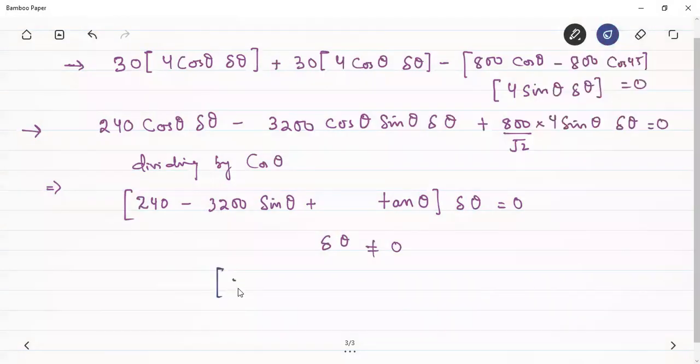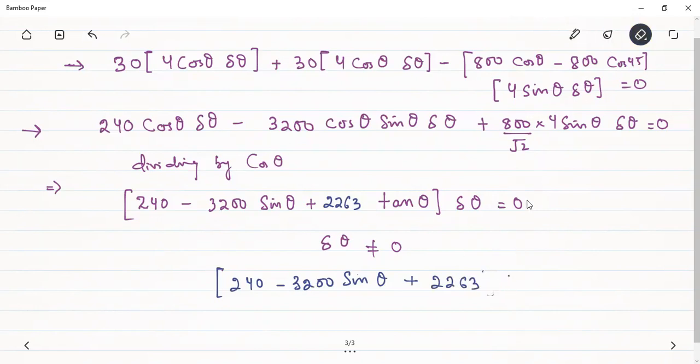It is 2263 tan theta. So 240 minus 3200 sin theta plus 2263 tan theta. This has to be 0.